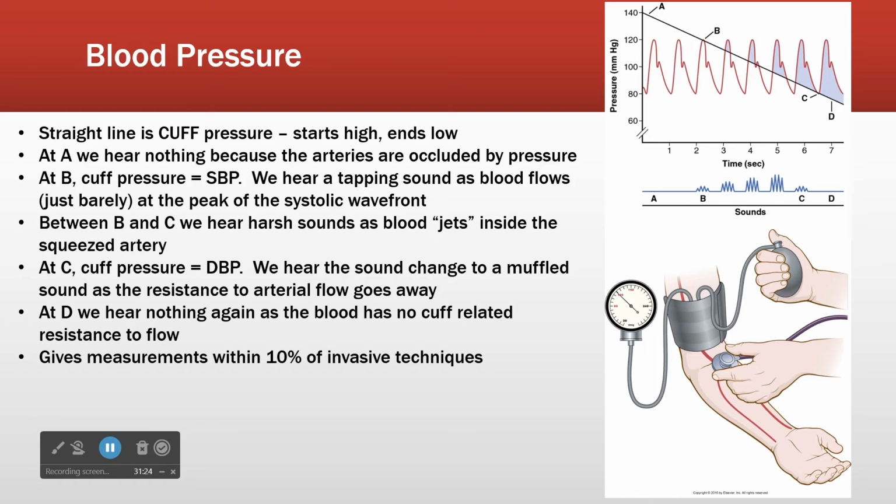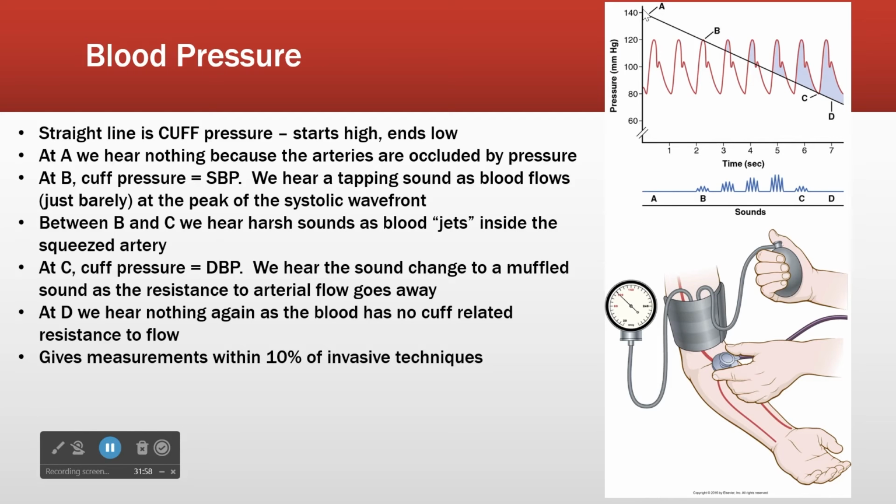So at the top at point A, we have put a bunch of pressure into our cuff. So much pressure that the pressure around the upper arm is greater than our systolic pressure. We have created a tourniquet, right? That's what a tourniquet is. In other words, blood cannot flow past this area of high pressure because the pressure on the outside is greater than the pressure on the inside.